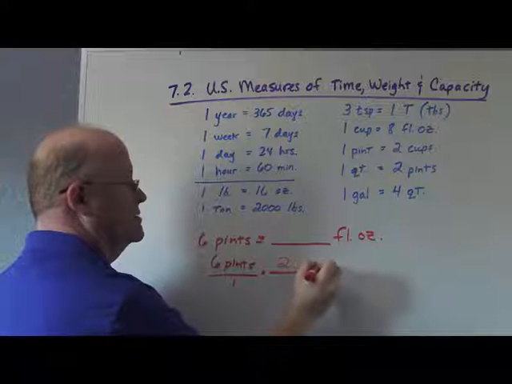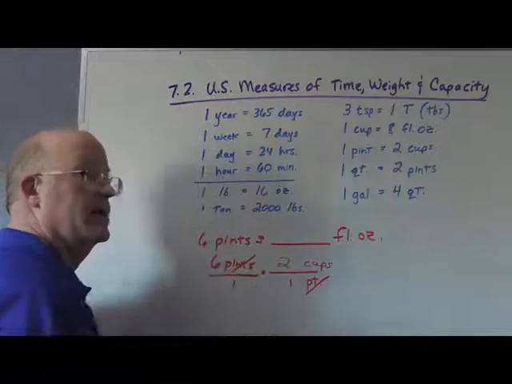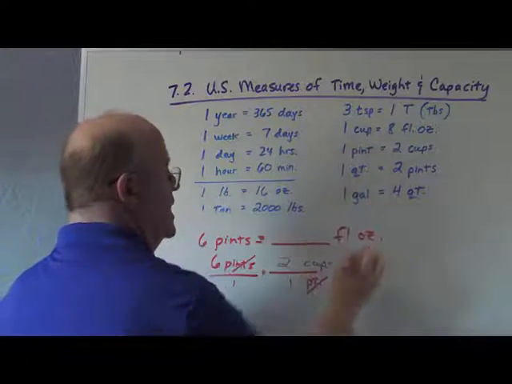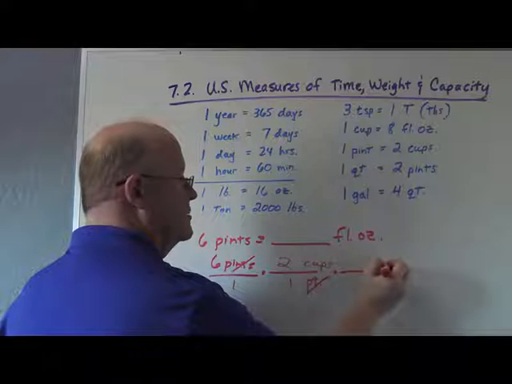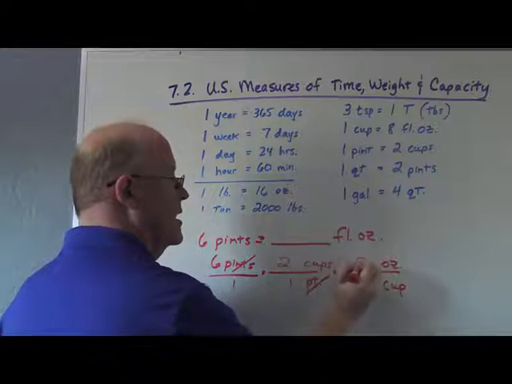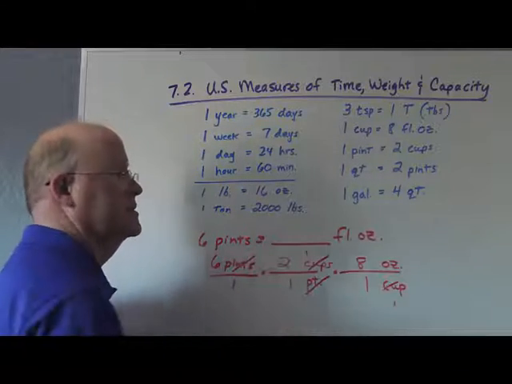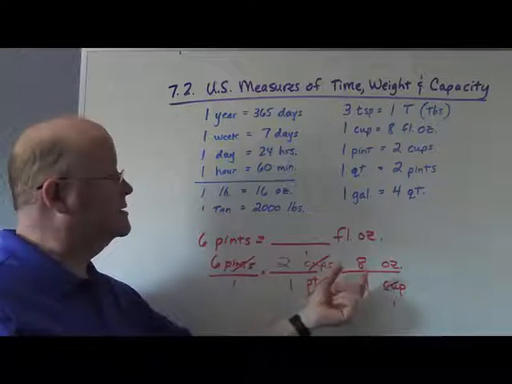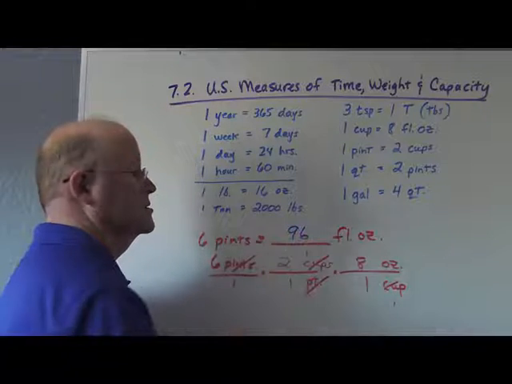So 2 cups right there over 1 pint makes this fraction equal 1, and I can cancel the word pints out. Now I can go from cups to ounces by canceling the word cup out and putting my ounces up in the numerator. 8 ounces make 1 cup, and there go the word cups. Now all I have is 6 times 2, which is 12, times 8 makes 96 fluid ounces.